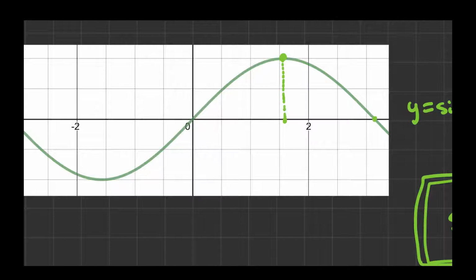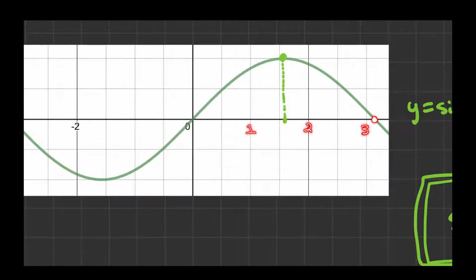What about right here when it crosses the x-axis? Pardon me? Yeah. So the y value would be 0, but what I mean here is, this is the value 1, this is the value 2, this is the value 3. At what value does it cross the x-axis?